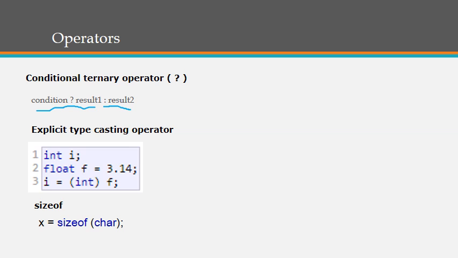As an example here, we could say 7 equals equals 5 plus 2. So we're writing the condition. Remember, we're not assigning here, we're just writing a condition. Is this equal to this?